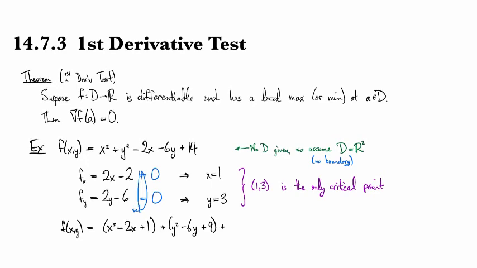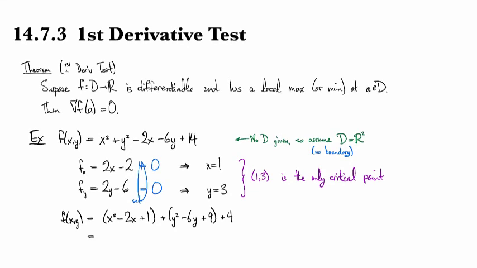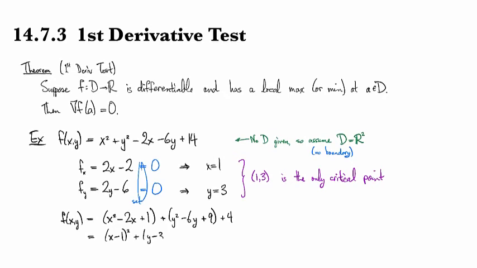So the constant term that's left is just 4. Rewriting this again, it's (x minus 1) squared plus (y minus 3) squared plus 4.